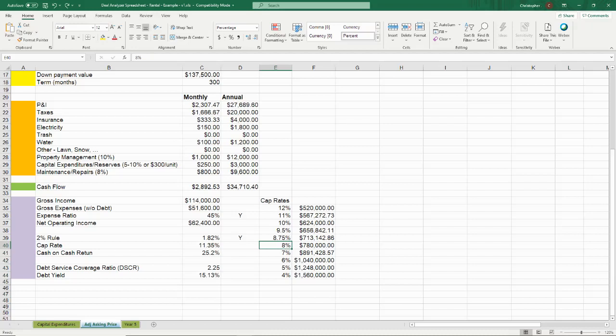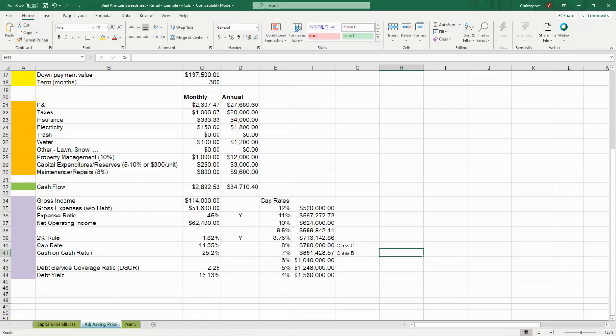You can see here that a Class C apartment building will say, for example, again, this is going to vary on the economy, on the region, on the market, on the neighborhood. It's going to vary, and then also on the real estate asset. But if this 8% was a Class C apartment, and maybe we were able to make it a Class B apartment, and again, this is going to vary from market to market, area to area, region to region, class to class, neighborhood to neighborhood.